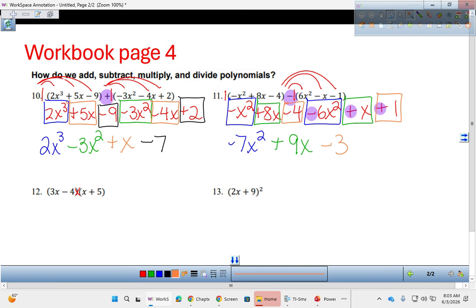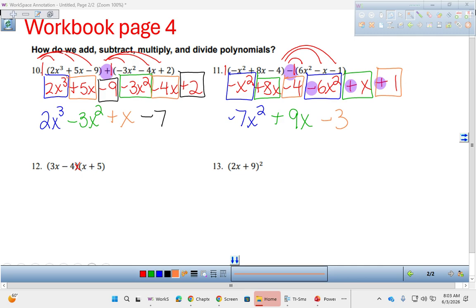This is addition and subtraction. When you add and subtract polynomials, you can only combine like terms. But when you multiply polynomials, the like terms don't matter. You can combine anything with anything when you're doing multiplication. So I am going to take this 3x in the first set of parentheses, and I am going to distribute it to the x plus 5.